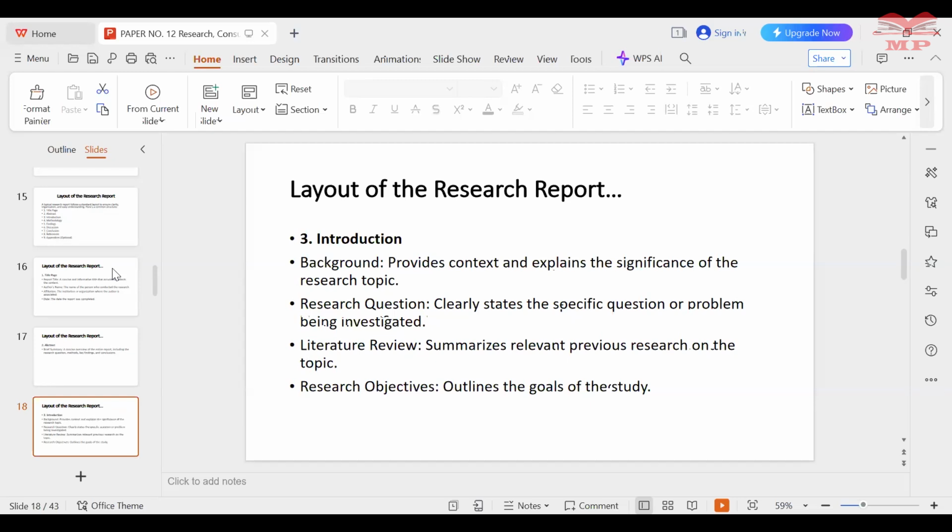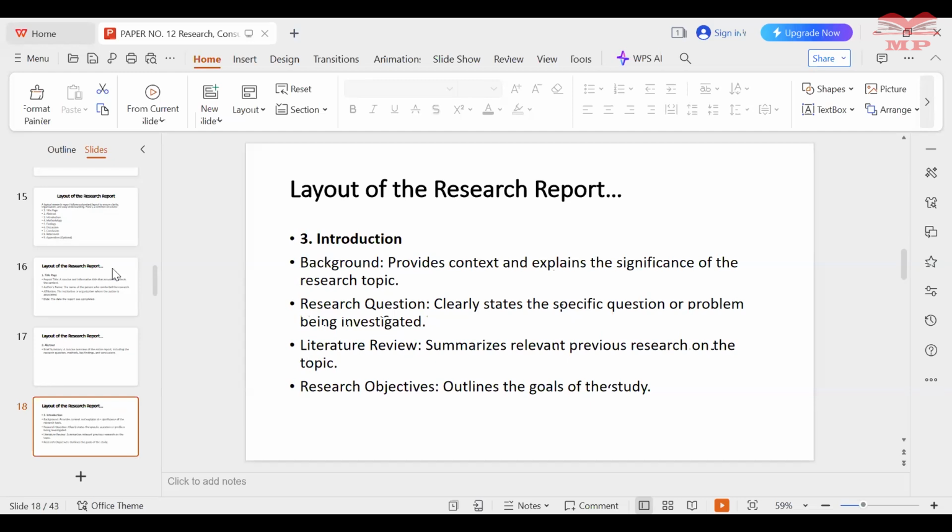The research question should clearly state the specific question or problem being investigated. The literature review should summarize relevant previous research on the topic. Research objectives should outline the goals of the study.